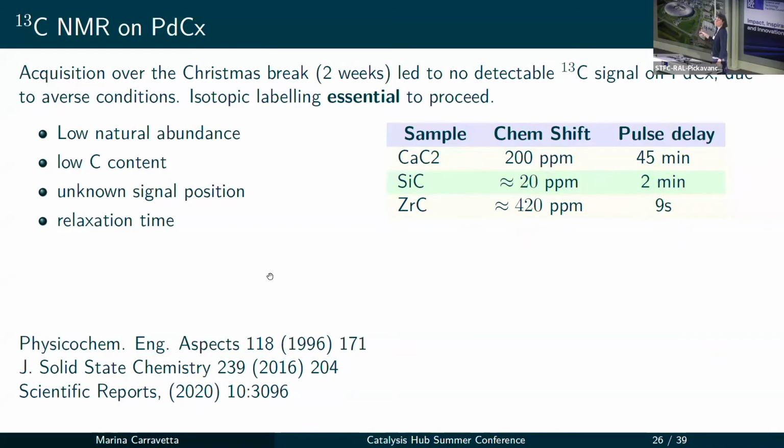For some other samples, they were waiting 35 minutes in between each scan. So after trying to get a signal for about 2 weeks over the Christmas break and not succeeding, we realized that we cannot detect the palladium carbide at natural abundance.